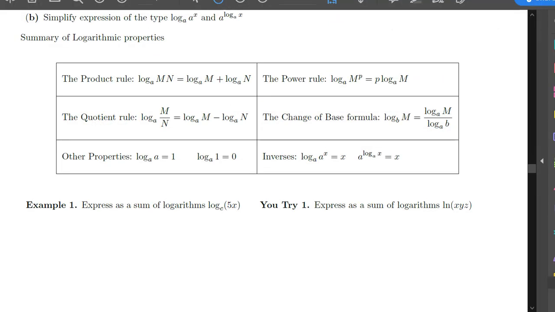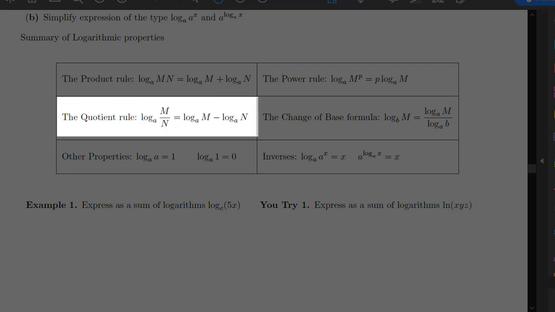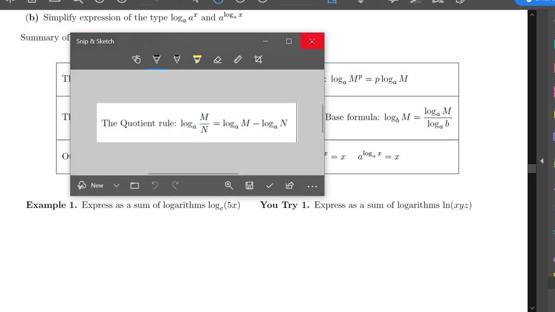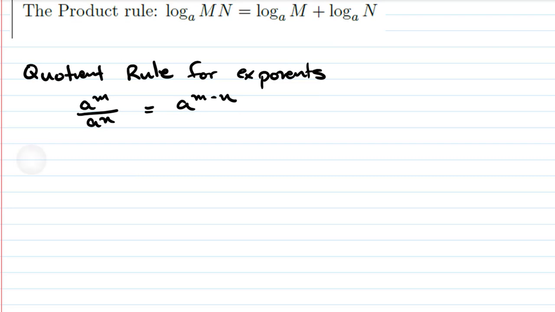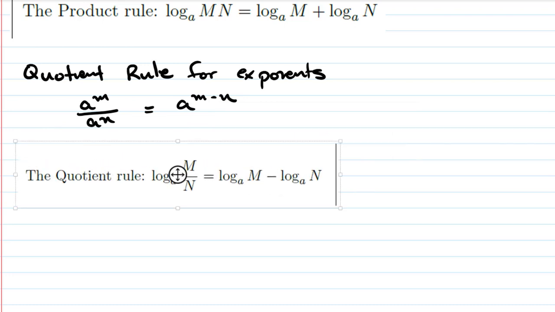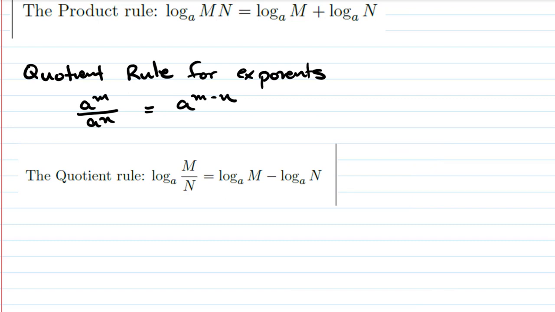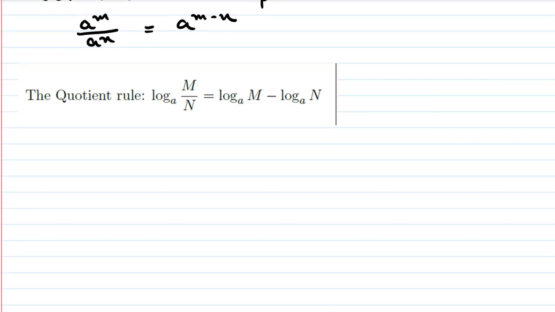And if we look at our handout once again, we have our quotient rule, which says if I have the logarithm base a of m divided by n, then it is the same as the difference of the two logarithms. So if we divide two things with the same base, we subtract their exponents.